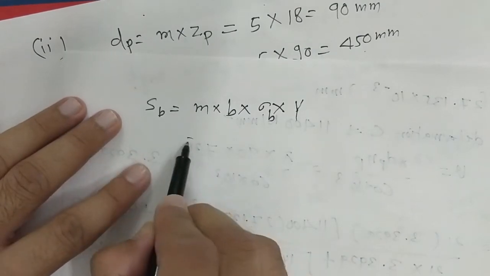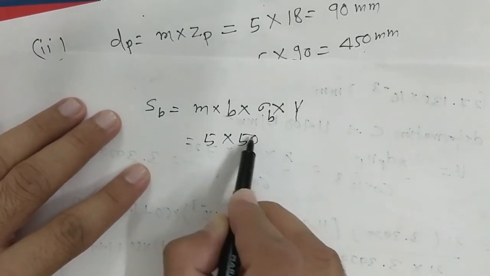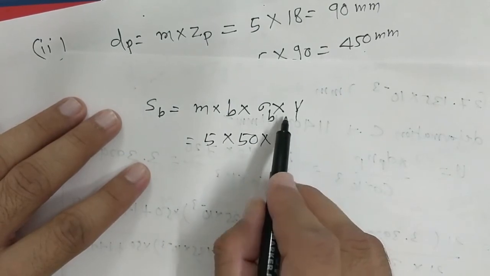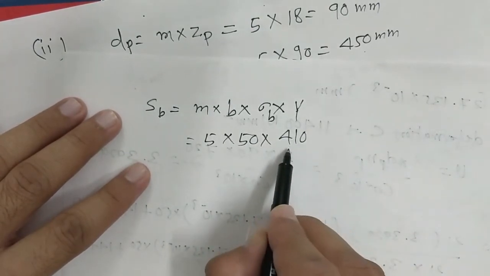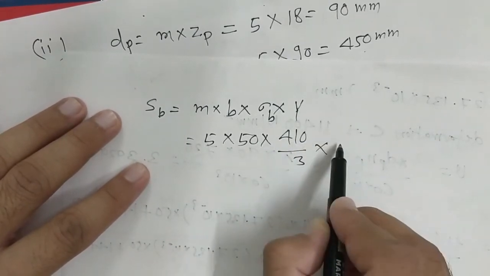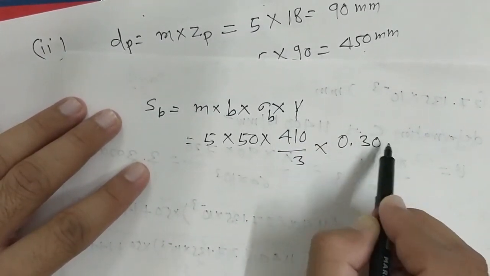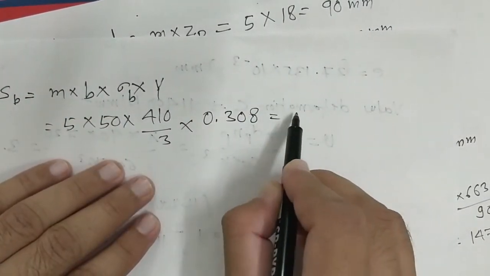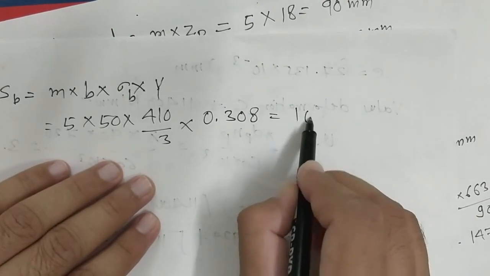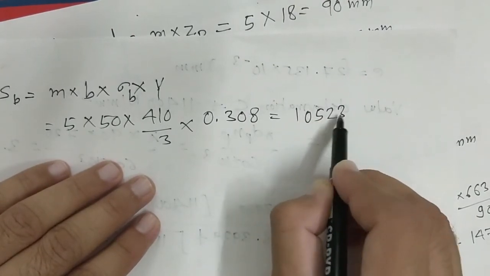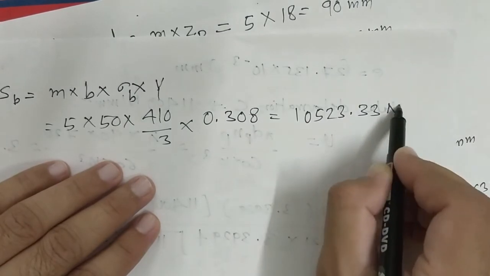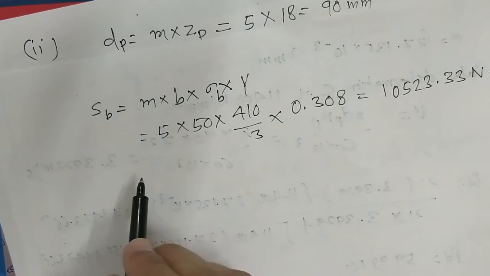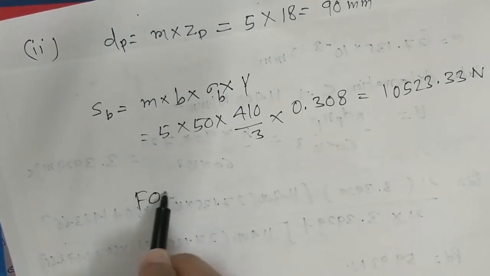So here module is 5, face width is 50 and sigma B is 1/3 of ultimate tensile strength, which is 410 divided by 3, and Lewis form factor is 0.308. So beam strength of tooth will turn out as 10523.33 Newton.